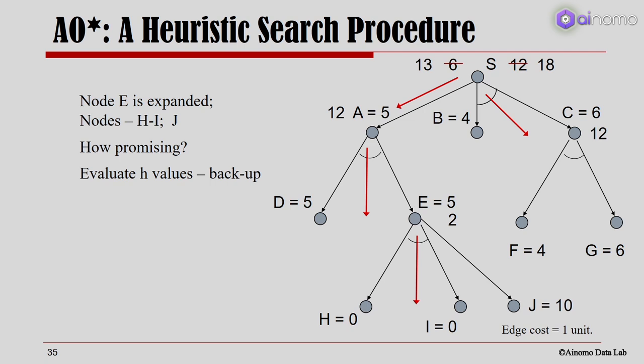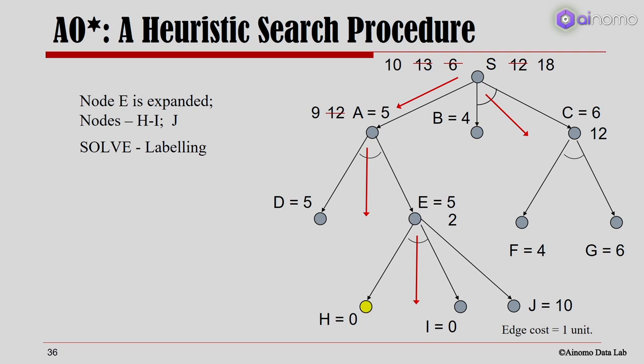If the estimate of E is revised to 2, then 5 plus 2 is 7, plus 2 is 9, so the estimate of A would be revised to 9. Once the estimate of A is revised to 9, 9 plus 1, the estimate at the top would be revised to 10. Once this revision is over, we will look at solve labeling.